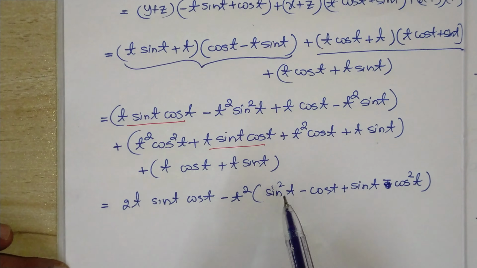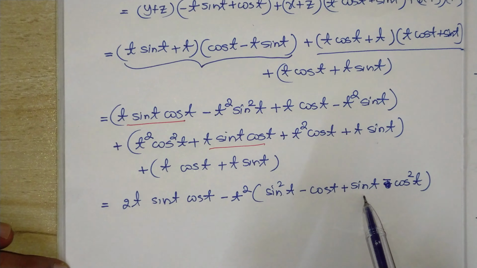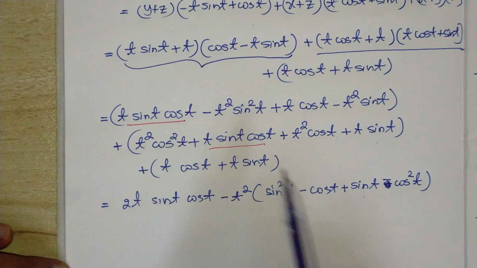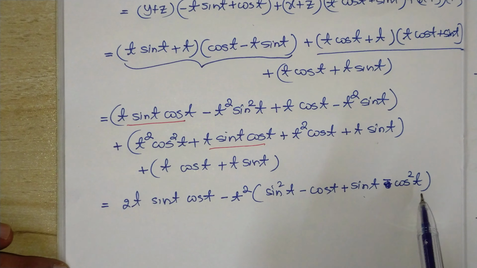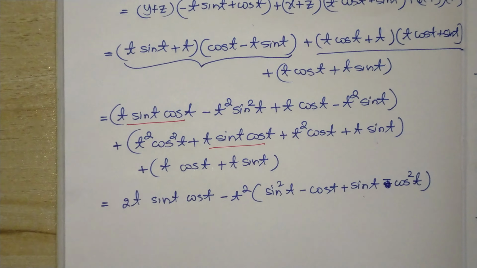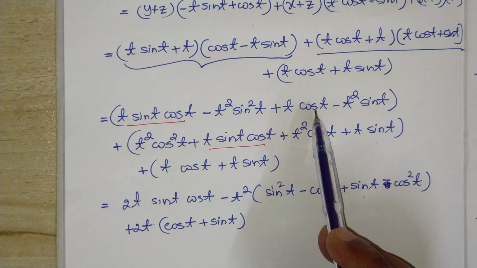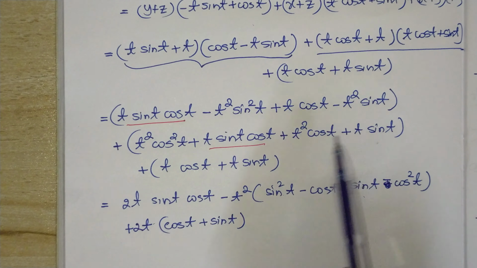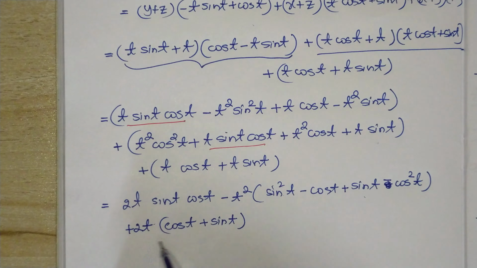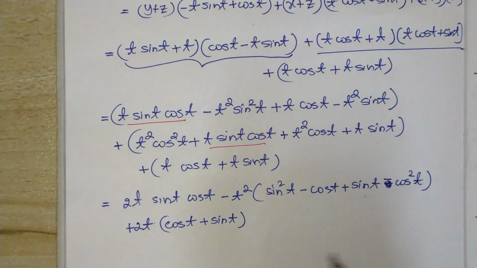So it is sin square t, and here it is sin t, and here we have minus cos square t since we are taking minus t square common, and here it is minus cos t. Now let us write the remaining terms. So here we have t cos t and t sin t. Here t cos t, t sin t. So we can write it as 2 times t into cos t plus sin t. So this is the total derivative.